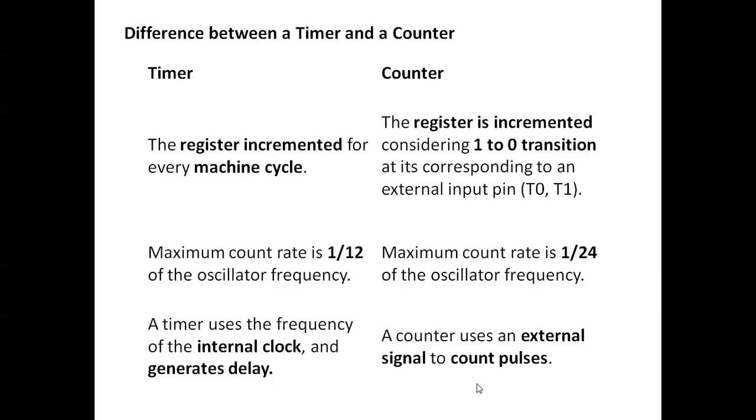For the timer, the maximum count rate is 1 by 12 of the oscillator frequency, and for the counter it is 1 by 24. A timer uses the frequency of the internal clock and generates delay. A counter uses an external signal to count the pulses.